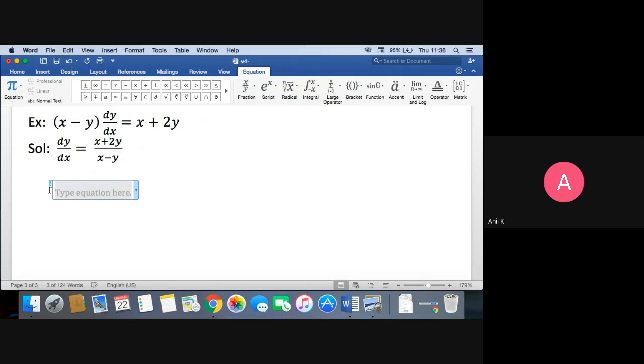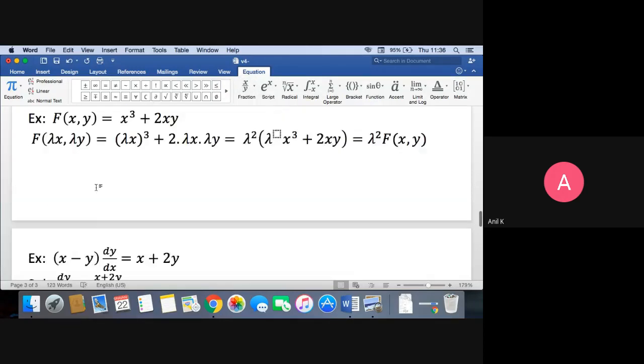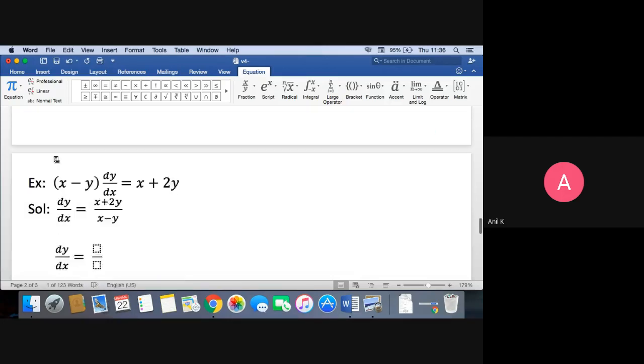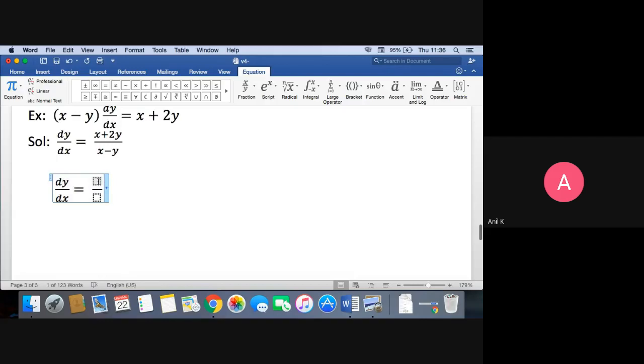If I substitute here, dy upon dx equals lambda x plus 2 lambda y upon lambda x minus lambda y.